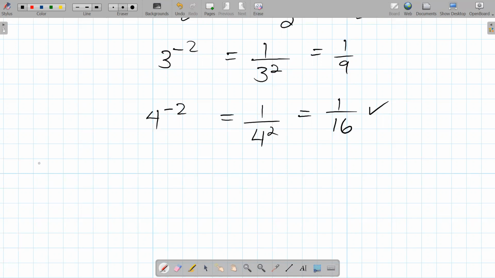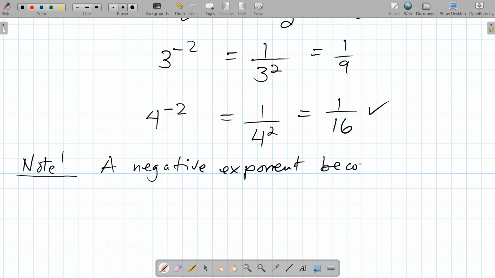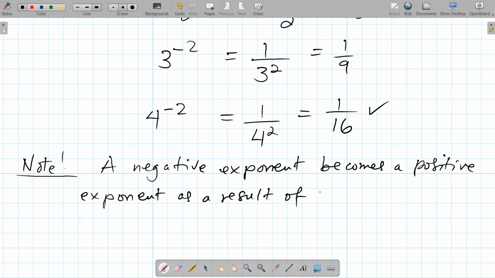Okay, so let me put it this way. Note, a negative exponent becomes a positive exponent as a result of changing the position of the exponential expression.